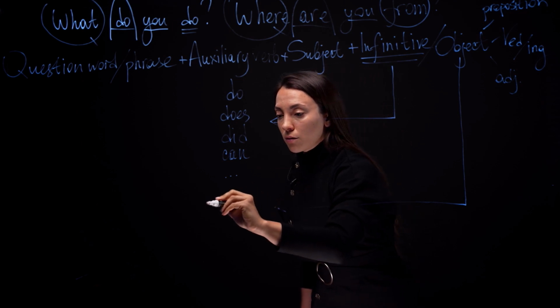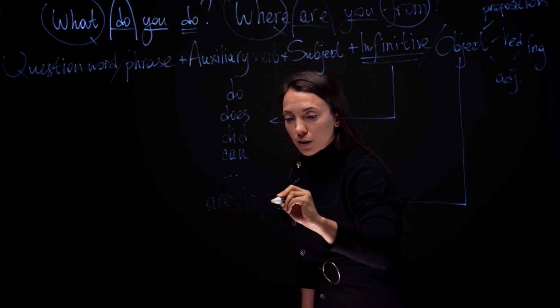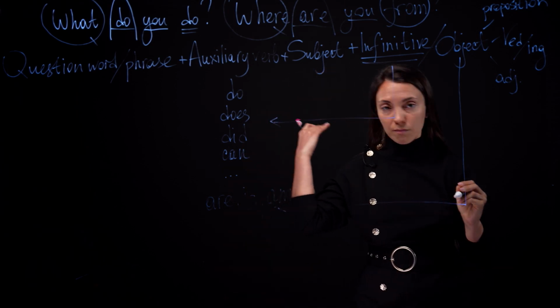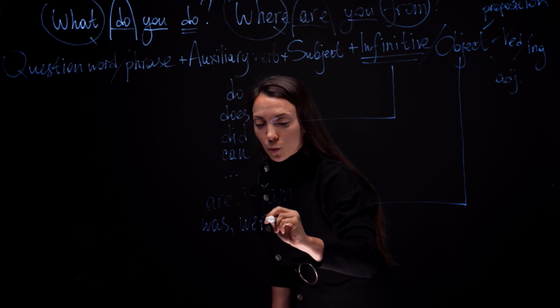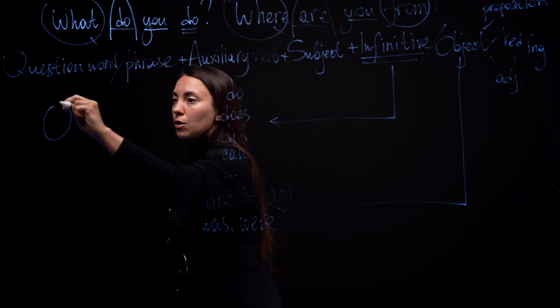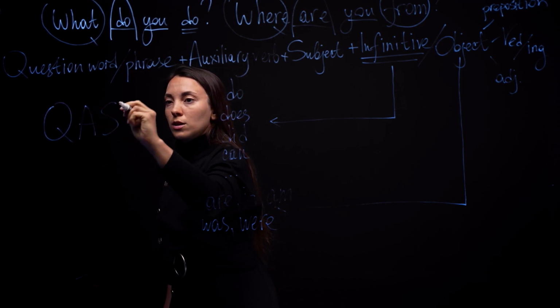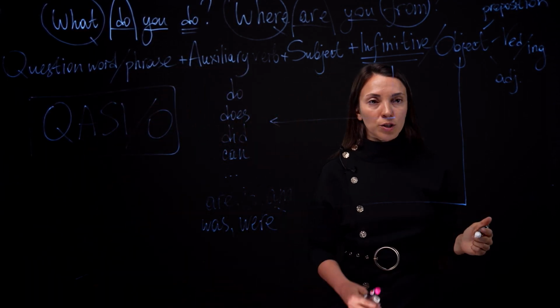Here we have are. If it's he, she, it, it's going to be is. If it's I, am, in the past, was, or were. And here we go. This is the formula of our questions. We can use it to make any questions in English.